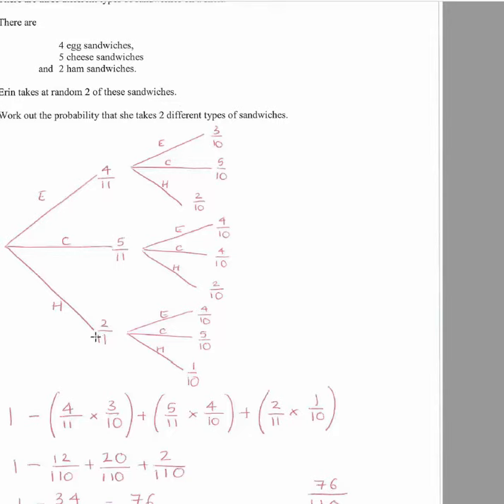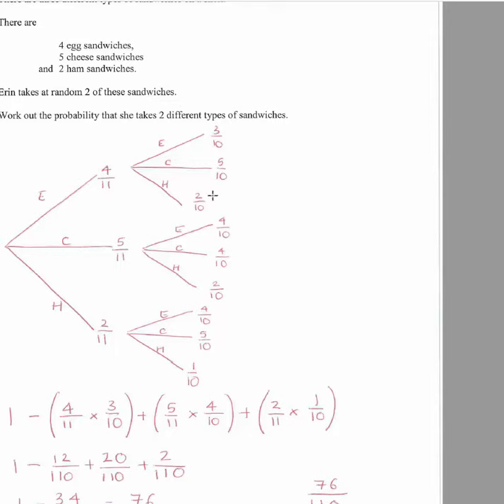And after that we take a second sandwich. And once again, they could be egg, cheese, or ham. Now the thing that makes this a little bit more tricky is the fact that the probabilities change. Because if the first sandwich that we took out was an egg sandwich, then now there are only 3 egg sandwiches left.